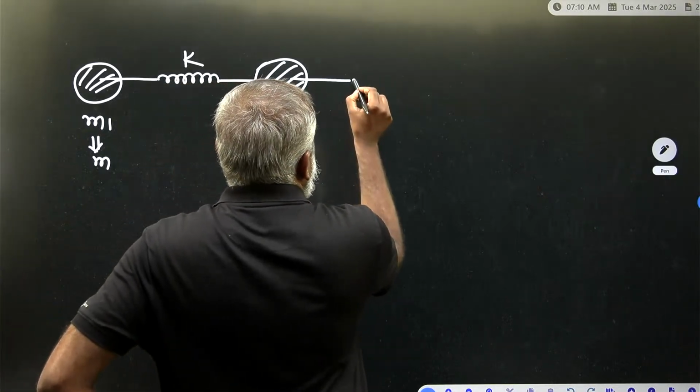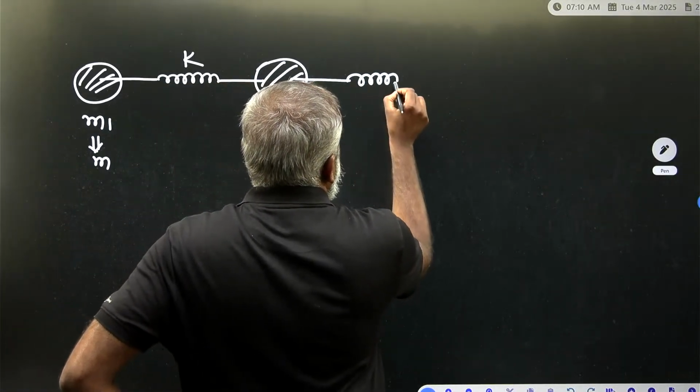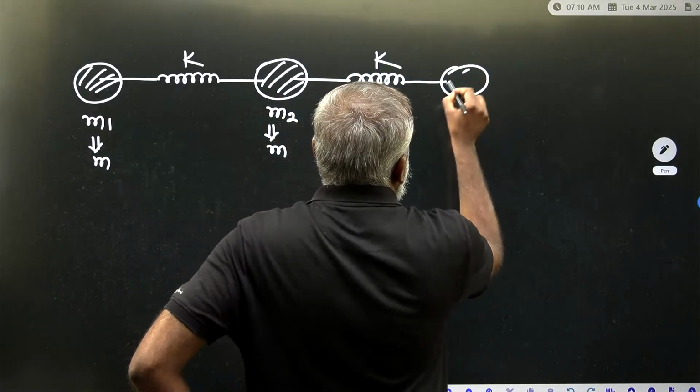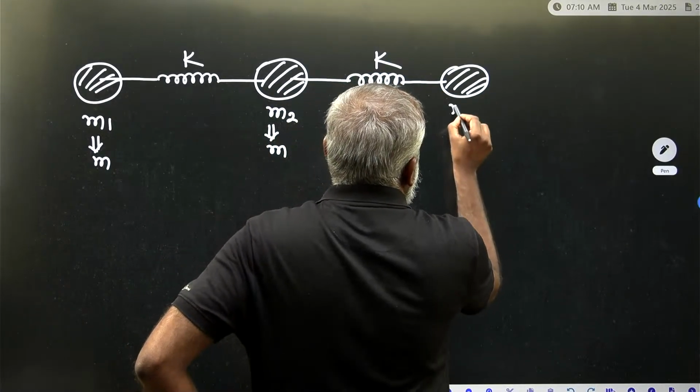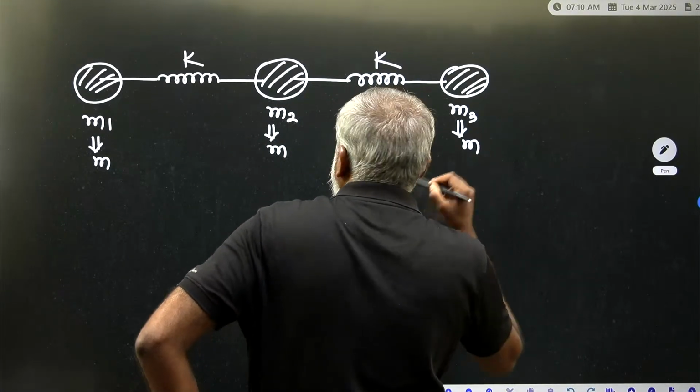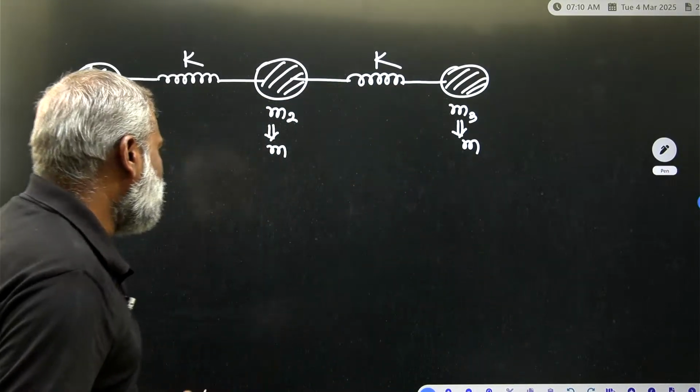This is connected to a spring of constant k, and then the mass m3. These are equal masses, each of mass m.